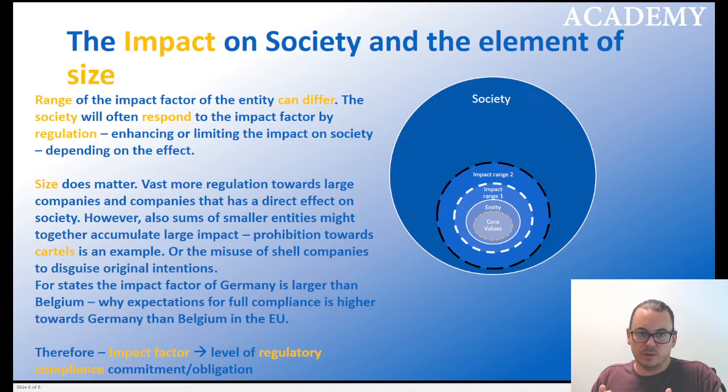And that's back to why do we regulate? But of course, if there are multiple small startups, multiple small entities, the combination of them having the same behavior might also accumulate a large impact, and hence we must regulate upon that. And that will also affect the compliance commitment.